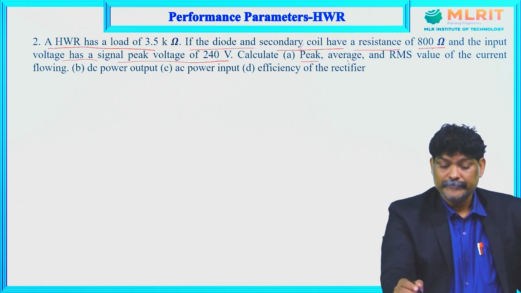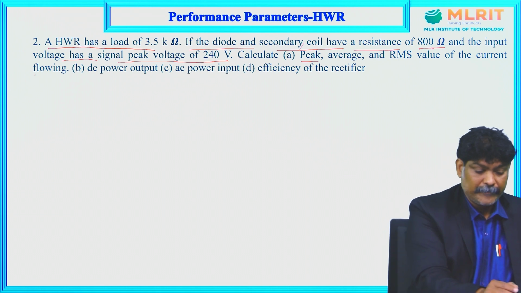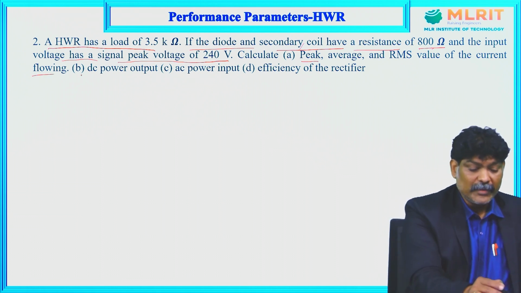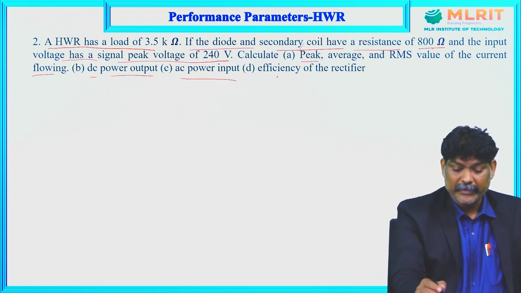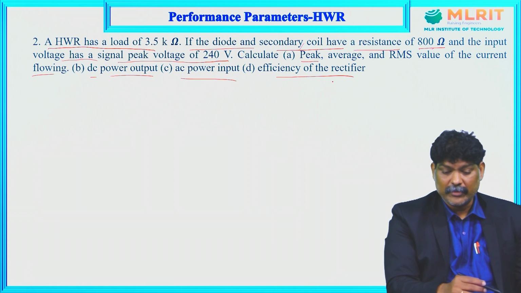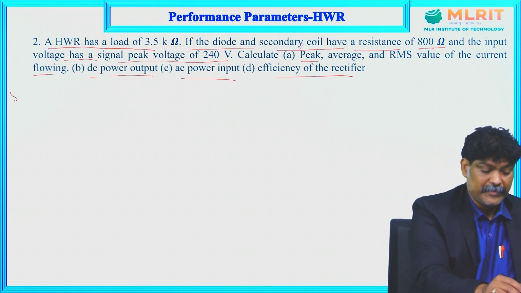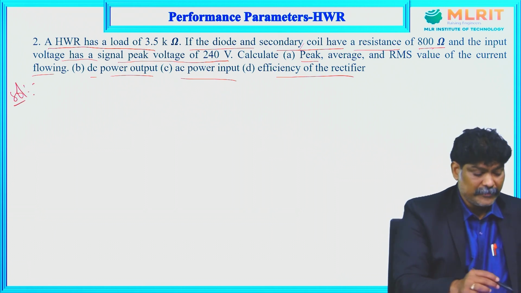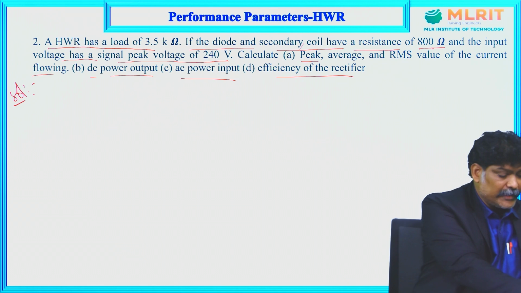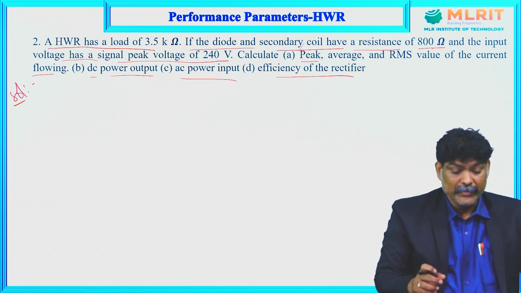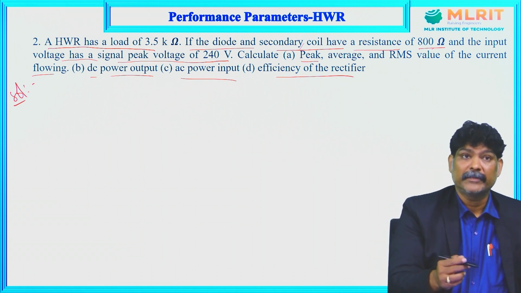Calculate A bit, peak, average and RMS value of currents; DC power, AC power, efficiency. Same as in the case of the previous problem, similar to the previous one. So we can do this problem using the same concept.